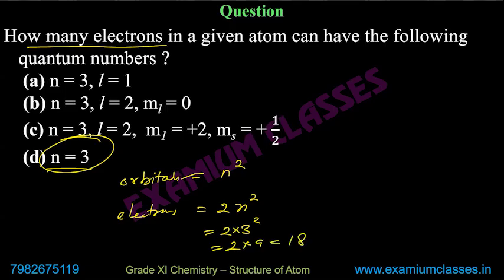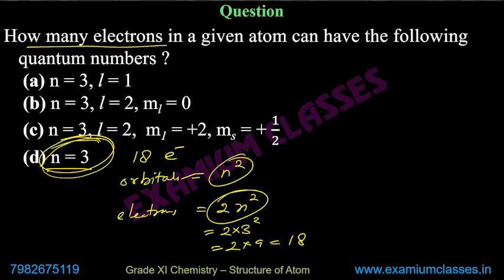You remember the formula for orbitals: the number of orbitals in any shell is n square. But the question is about electrons. One orbital has 2 electrons. It means if you have n square orbitals, the electrons will be double of this. So 2n square. So the answer will be 18 electrons.